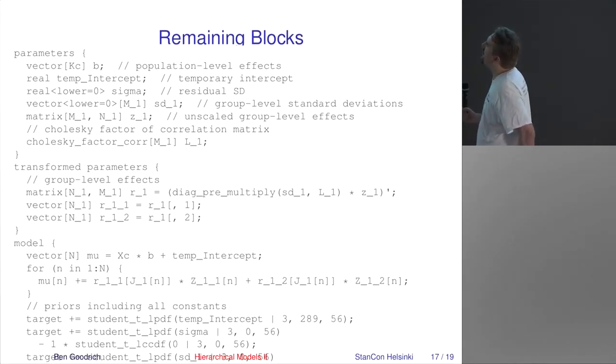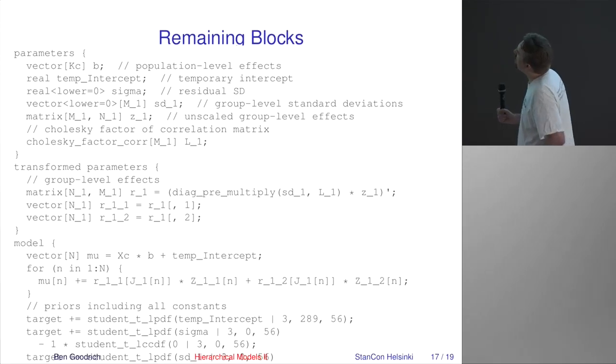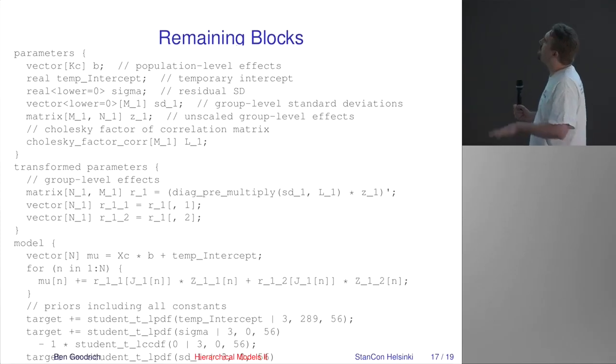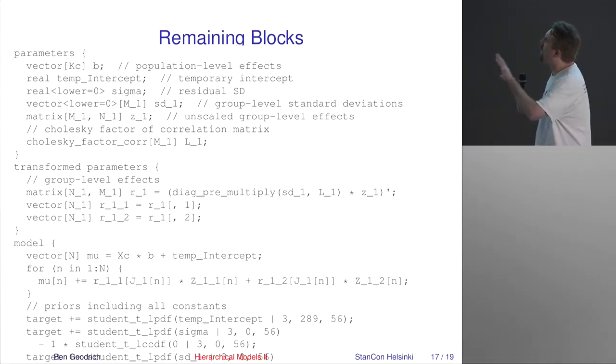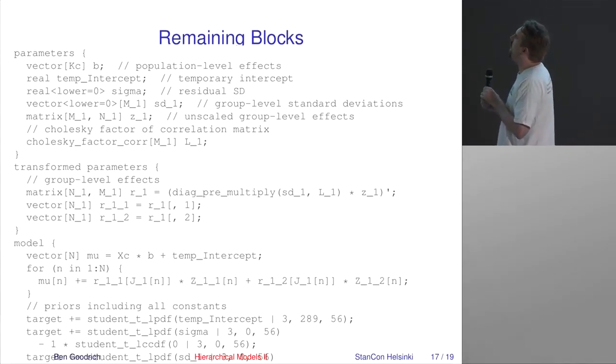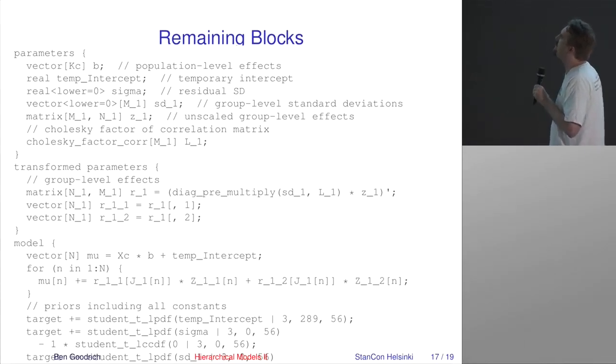Then we have SD1 and Z1, which pertain to these deviations from the overall effects from one person to the next. Don't want to go into too much detail about that because we have already seen some examples.